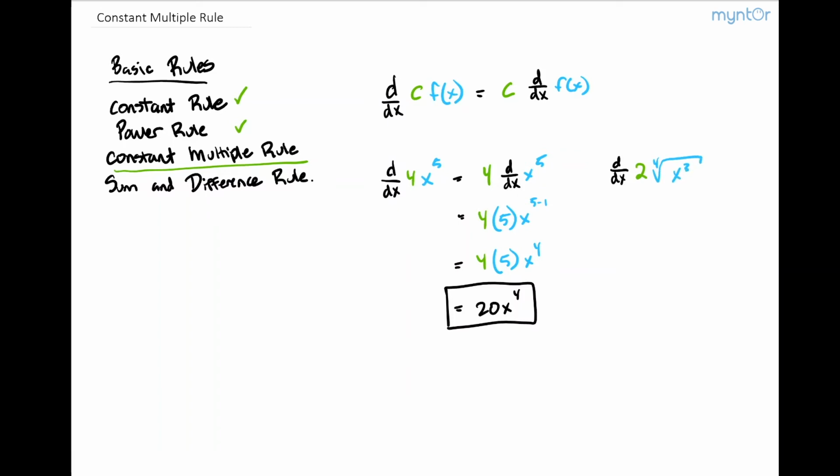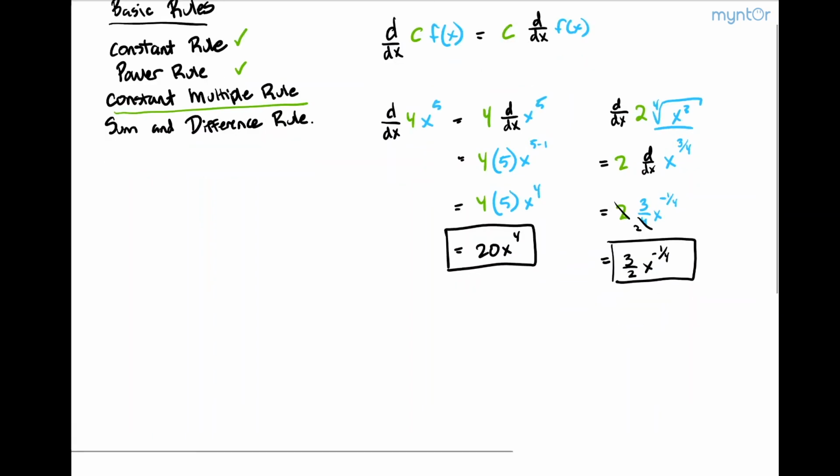The constant multiple rule says that this is equal to 2 times the derivative of x raised to the 3 over 4, or 2 times 3/4 x raised to the negative 1/4. Of course, I can simplify this further, noticing that I can factor out the 2 from the numerator and denominator, and so I have 3 over 2 times x raised to the negative 1 over 4.